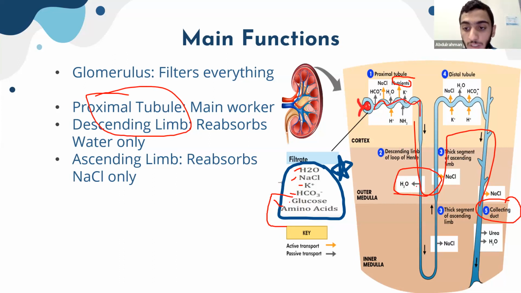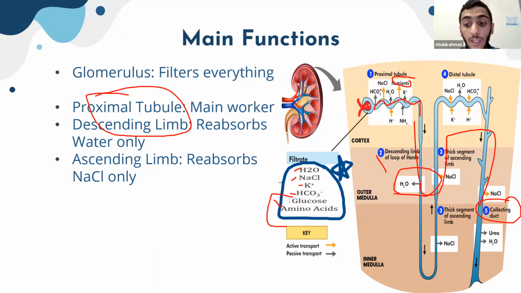If the water is going from the blue to outside, this part here, the cortex, the medulla, if you remember from the histology, the cortex, the outer and inner medulla, these are basically the kidney. So we're taking it from the tubular system to the interstitium of the kidney, which is basically the connective tissue of the kidney. So we're taking it back to the kidney so that it can go back to the blood.